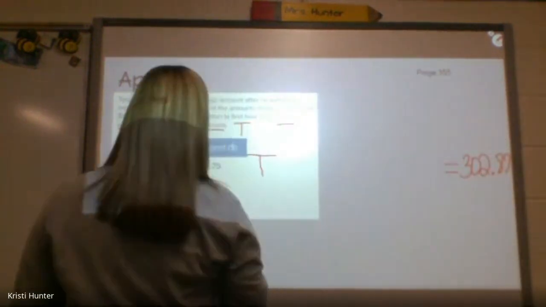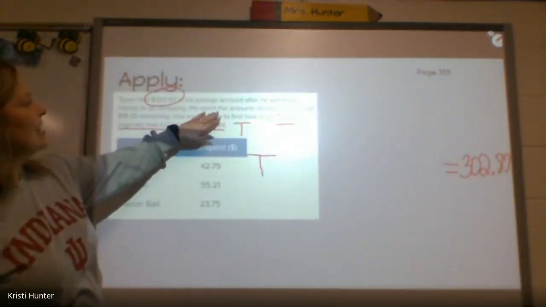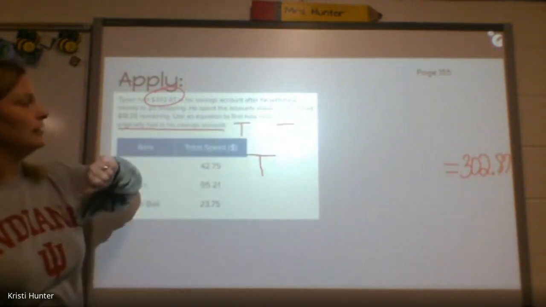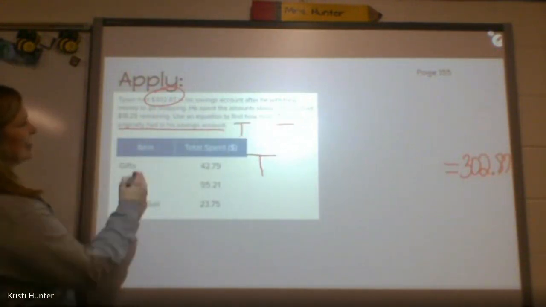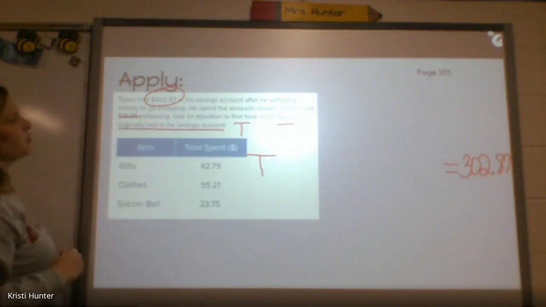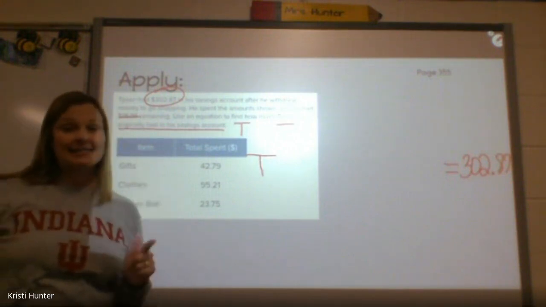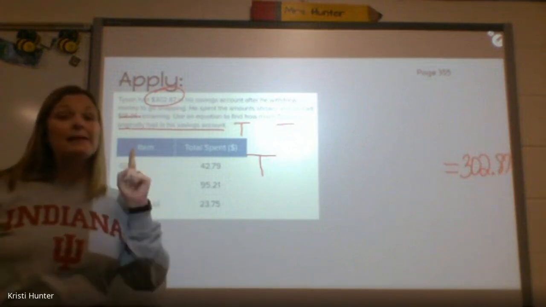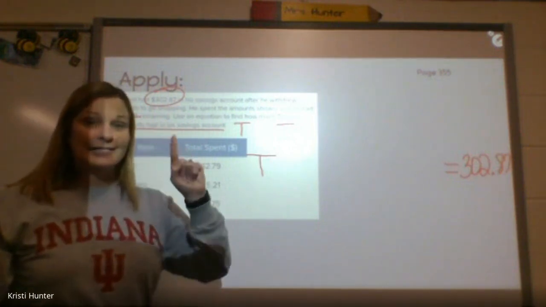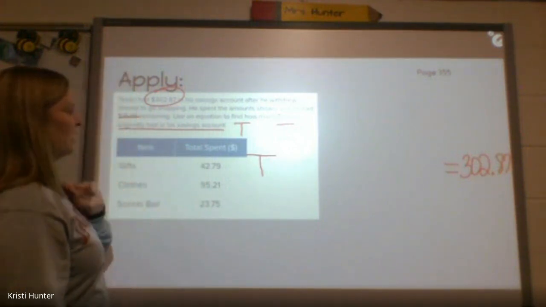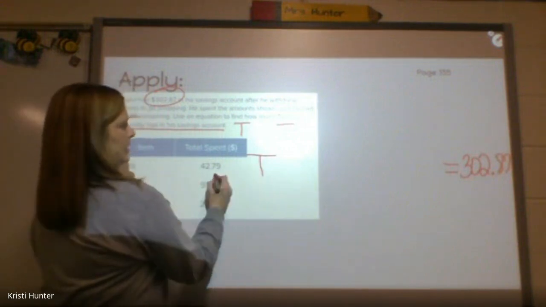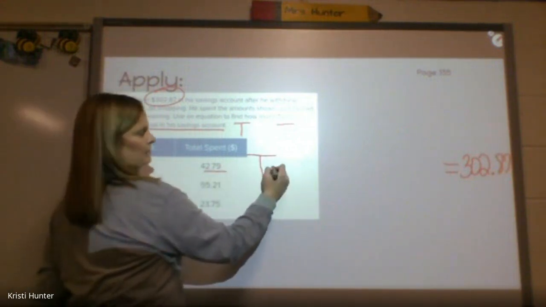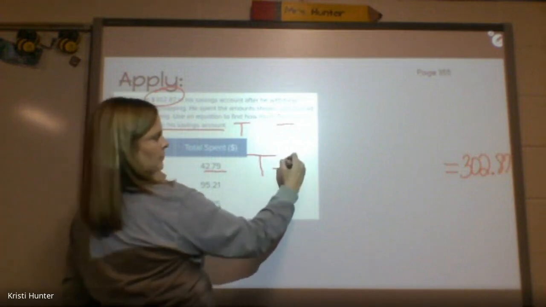Now as I look, it says he spent the amount shown and he had $18.25 remaining. So thinking about that, spending means subtracting, right?